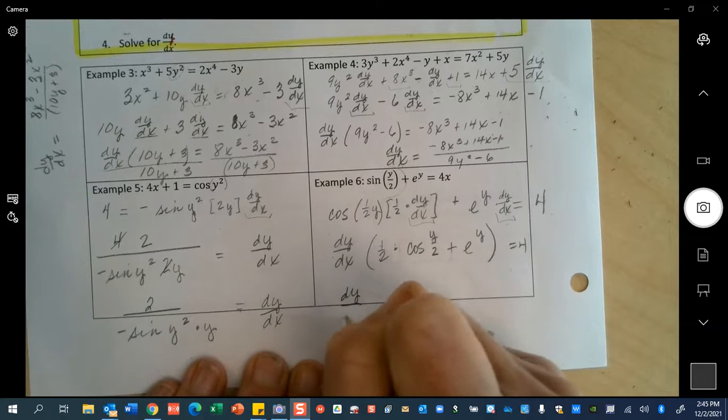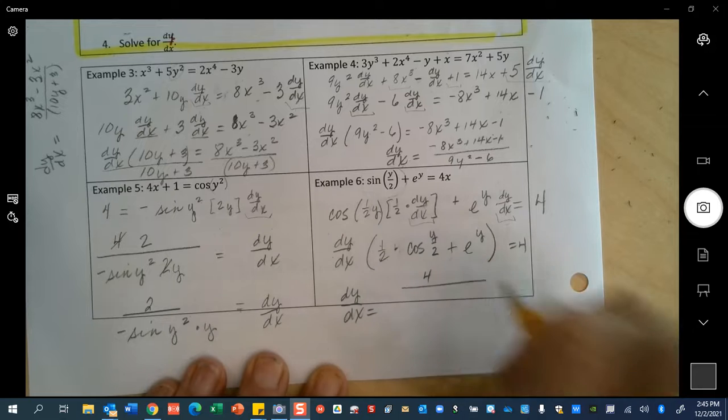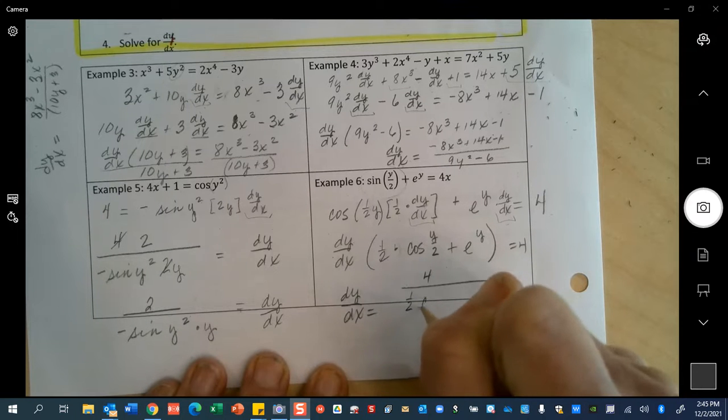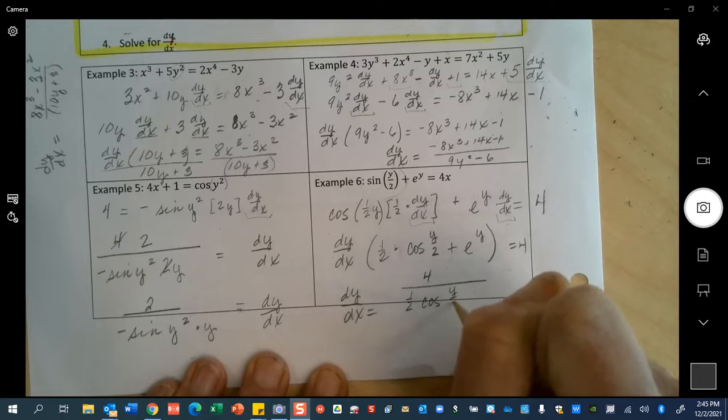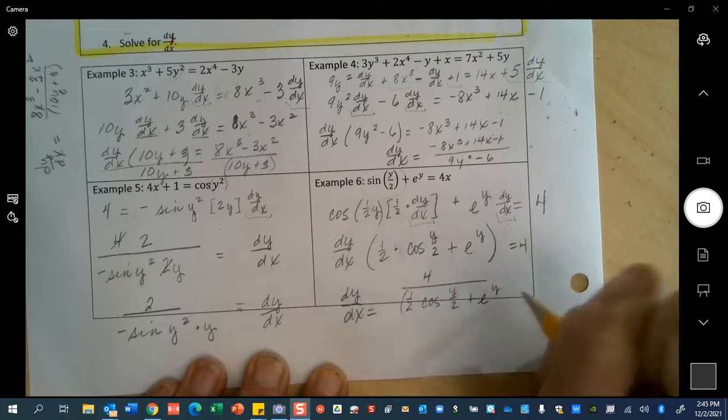So my dy/dx is going to be equal to 4 over 1/2 cosine y over 2 plus e to the y.